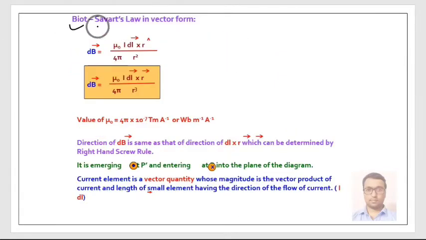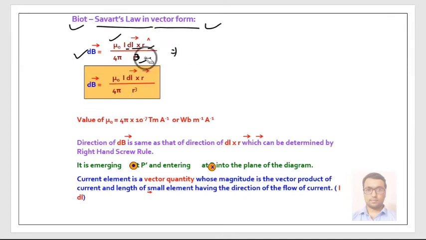Next we have Biot-Savart law in vector form. In vector form we can say that dB equals mu naught upon 4 pi, I dl cross r, upon r cube. Remember, this is not a square, it is cube.